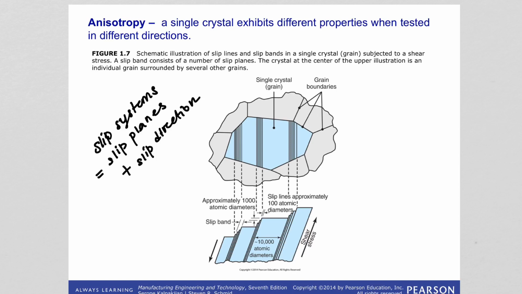And therefore BCC metals will generally have a good strength and a moderate ductility, and will require high shear stress.